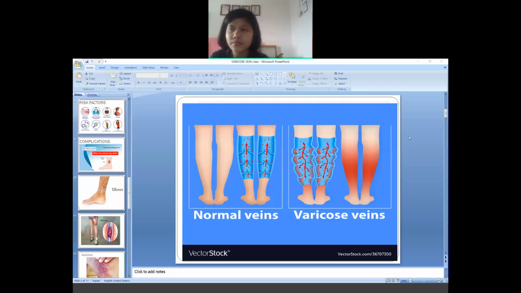She said maintaining body weight and exercise. Anything else from your side? Elevating the legs, changing the sitting and standing position regularly, and also avoiding high heels, wearing of tight pants and socks. Okay, good.